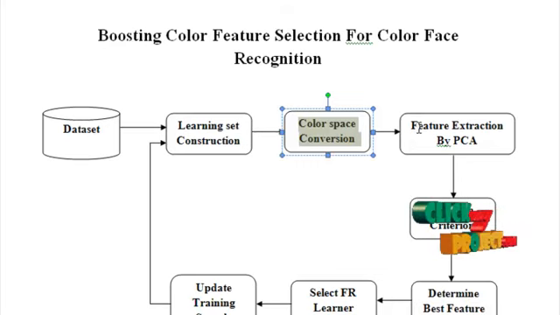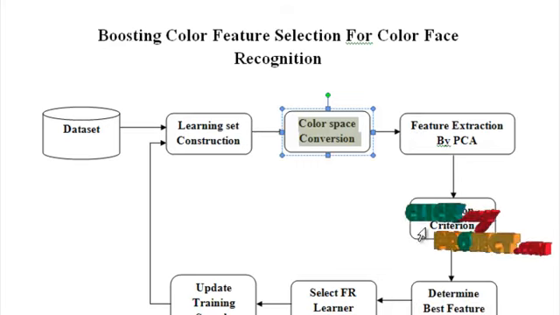Totally, we have 21 color components in hand. So, the 21 color component representations are given as input to the PCA algorithm. PCA is a dimensionality reduction algorithm. The output of PCA is the feature set of the given input image.